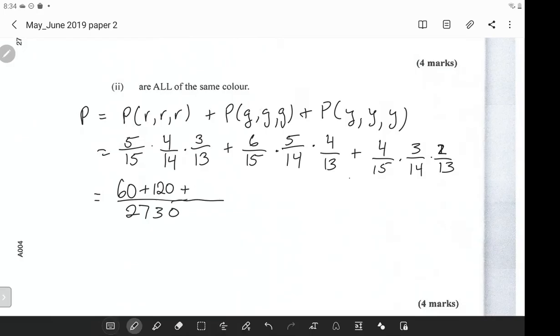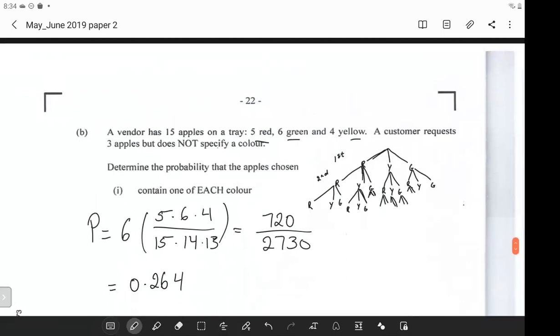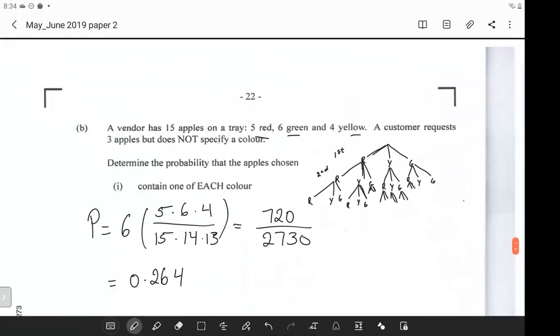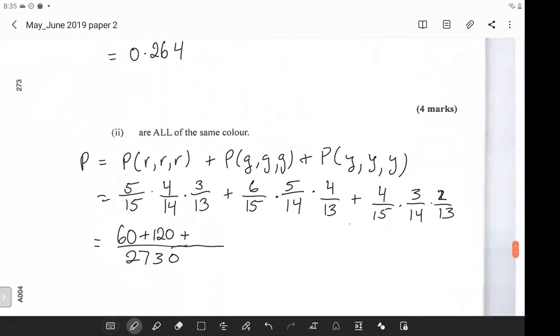plus, let's just make sure we didn't make any errors. 6 5s times 4. Okay. Right, and finally, 4 times 3 times 2, that is 8 times 3, that's 24.